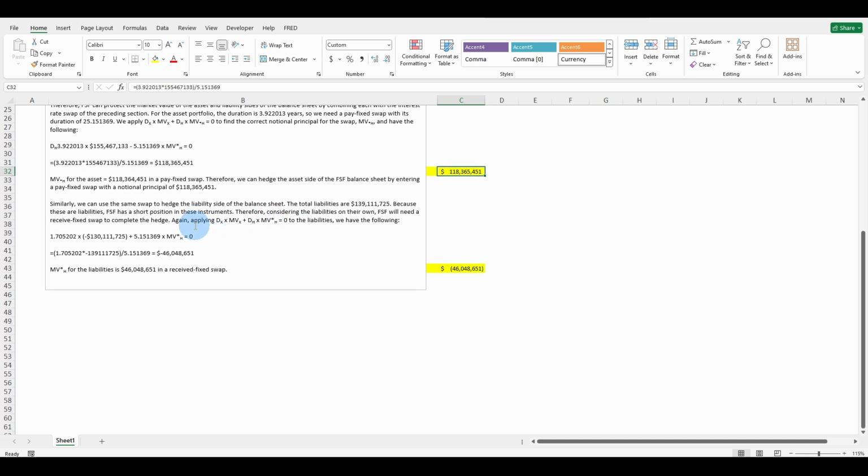Similarly, we can use the same swap to hedge the liability side of the balance sheet. The total liabilities are 139.1 million. Because these are liabilities, FSF has a short position in these instruments. Therefore, considering the liabilities on their own, FSF will need a receive fixed swap to complete the hedge.